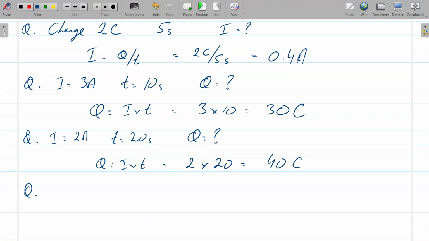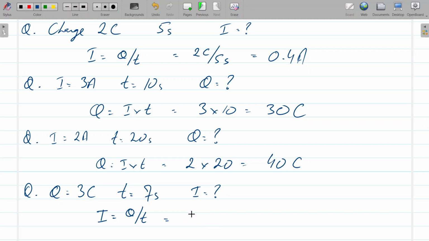You have a charge of 3 coulombs, and it is passing through a circuit for 7 seconds. What is the current? What's the equation we'll be using? I equals Q over T. That would give me what?